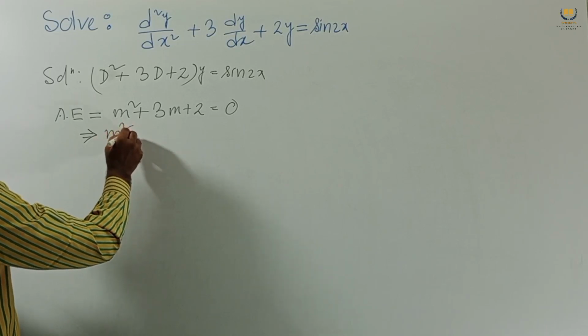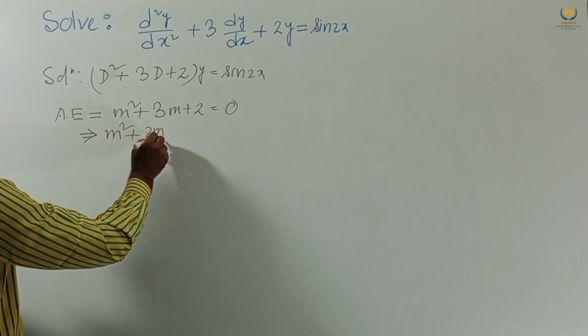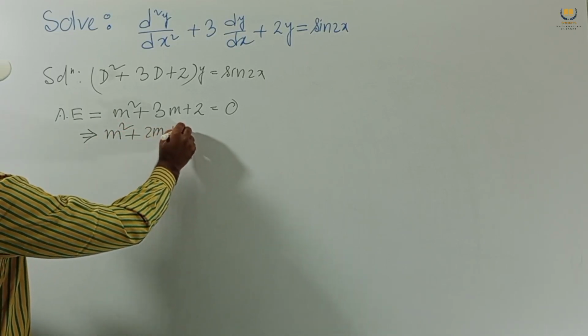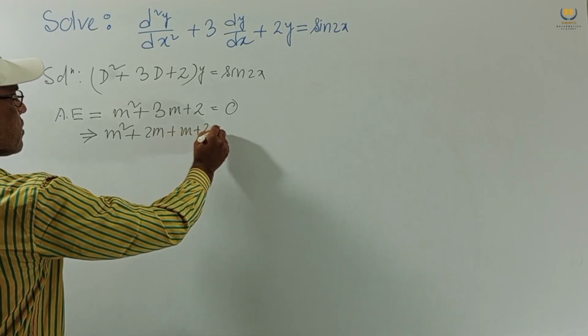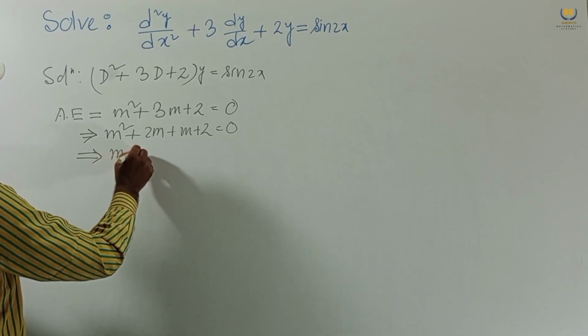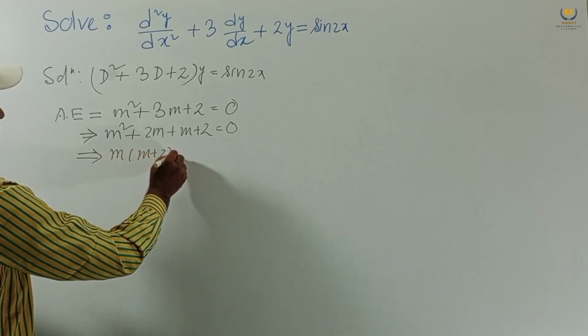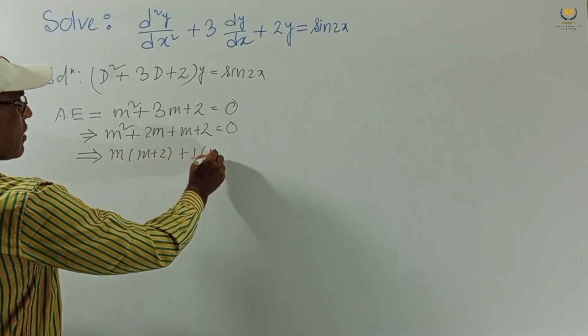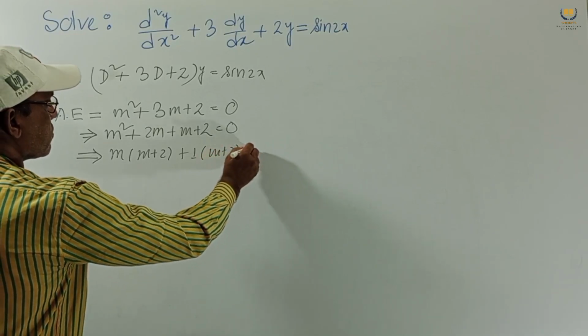If we factorize this, we get m square plus 2m plus m plus 2 equal to 0. This implies m common, m plus 2, 1 common, m plus 2 equal to 0.